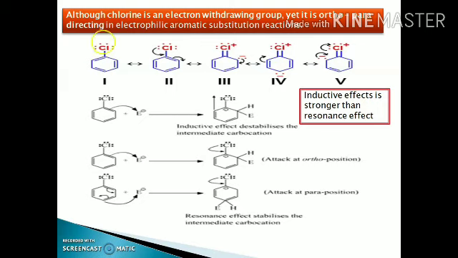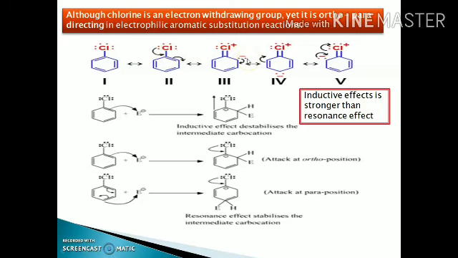It is clearly observed in the resonating structures that, due to resonance, the halogen group starts releasing electrons towards the benzene ring, but due to the electronegative nature of chlorine, it starts withdrawing electrons from the alpha carbon atoms.